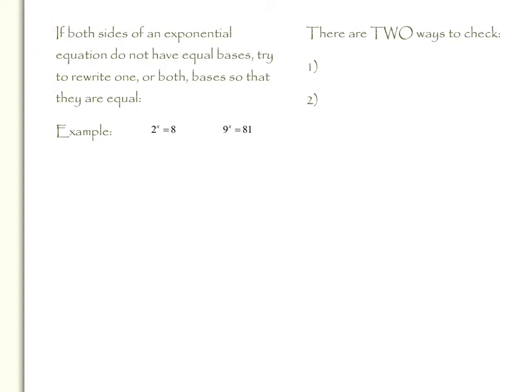If both sides of an exponential equation do not have equal bases, then try to rewrite one or both of them so that the bases are equal. So if I look at 8, well, I know that 8 can be rewritten as 2 to the 3rd power. So I now have 2 to the x power equals 2 to the 3rd power. And because my bases are the same, that means my exponents are equal. Therefore, x equals 3.